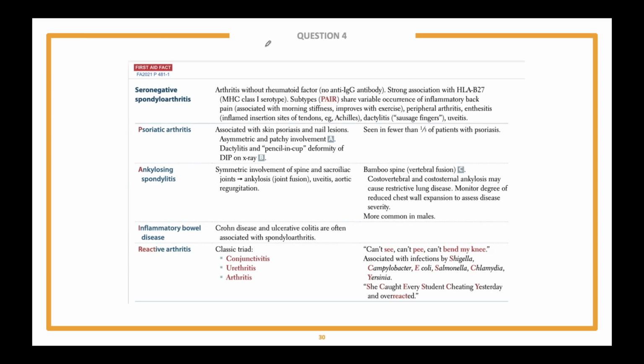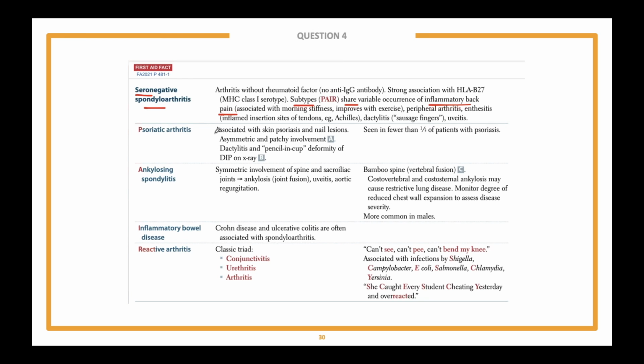Now, if you look in that first row where it says seronegative spondyloarthritis, you can see there that it says subtypes share variable occurrence of inflammatory back pain, okay? Sacroiliitis is a common finding in the seronegative spondyloarthritis, okay? And that's what they're getting at in this question.